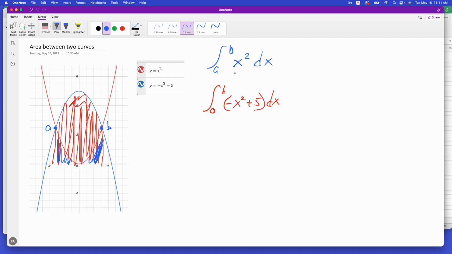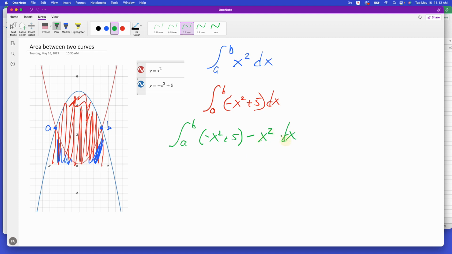So what I want to do here is take this bigger piece, the one that is on top, and notice it changes too. We can work a couple different examples with this one set of equations. Really what I end up doing is the integration from A to B of negative x squared plus 5, and I'm going to subtract off the smaller one, or the underneath one, of just x squared.